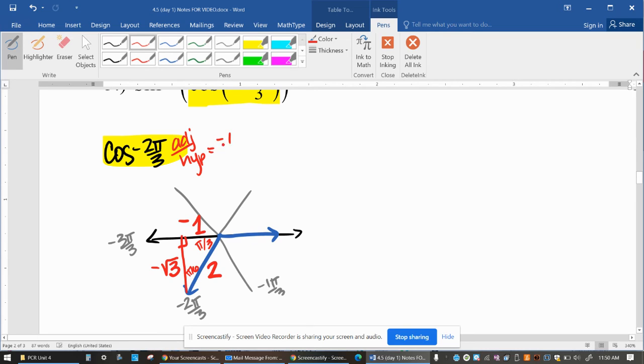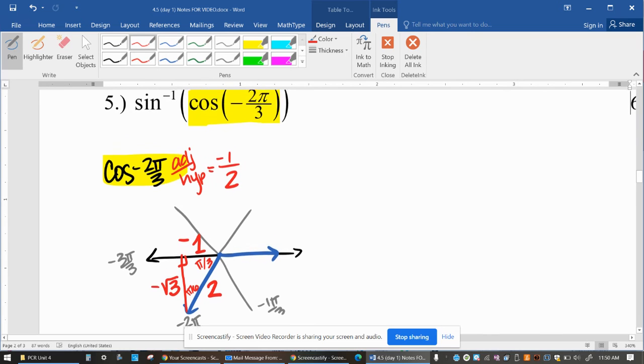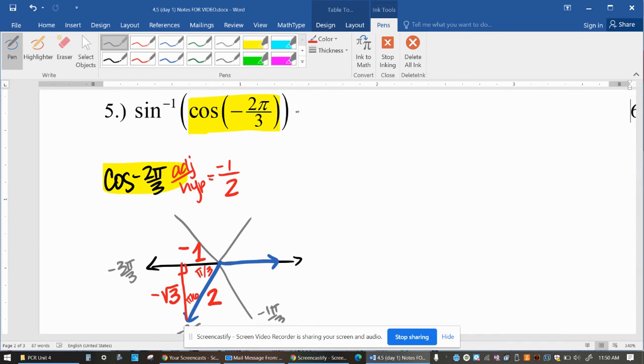So that's adjacent over hypotenuse. And then we're going to go ahead and replace that. Adjacent over hypotenuse. And now we're going to find the sine inverse or inverse sine of negative a half.